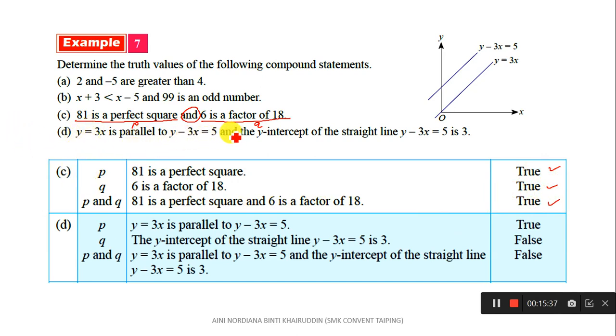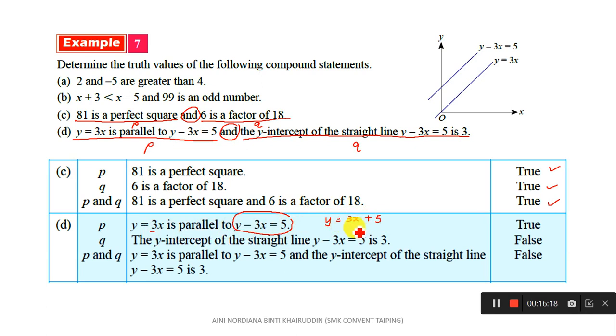For D, this is the word "and". This is P, the first statement, and the second statement. Have a look at the first statement: y equals 3x is parallel to y minus 3x equals 5. First you have to rearrange this into the standard form of a straight line, so it becomes y equals 3x plus 5.